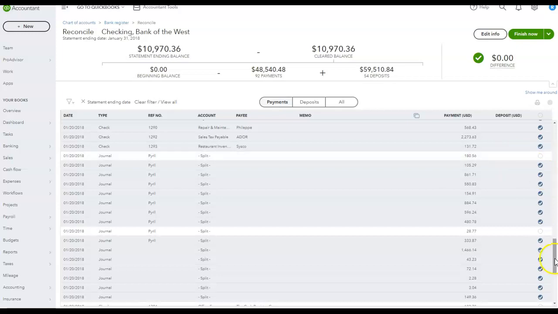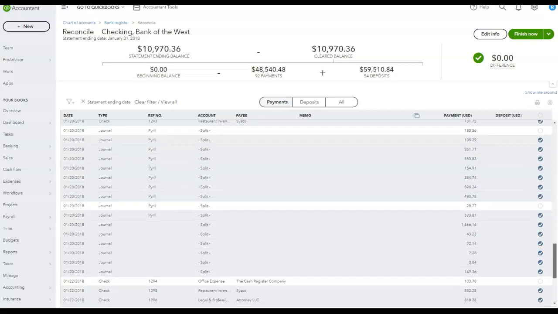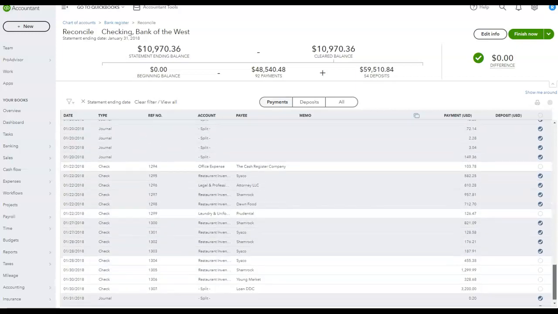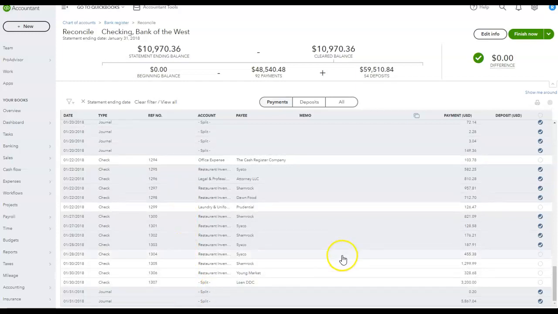They make most of their money in tips. So there were a couple of payroll checks that didn't clear, especially this little one. And then there were some checks that were written towards the end of the month that didn't clear, which makes sense. But if there was a check written January 2nd or 3rd that didn't clear, there's a problem. So keep an eye on that stuff.